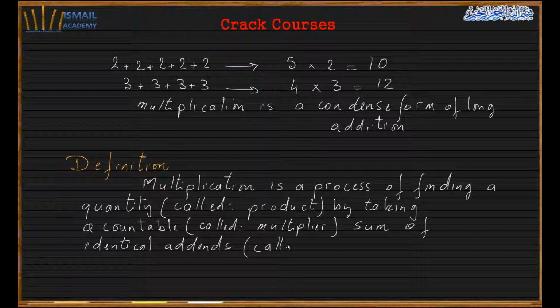So in fact, what do we have? We have the product is equal to multiplier times multiplicand.